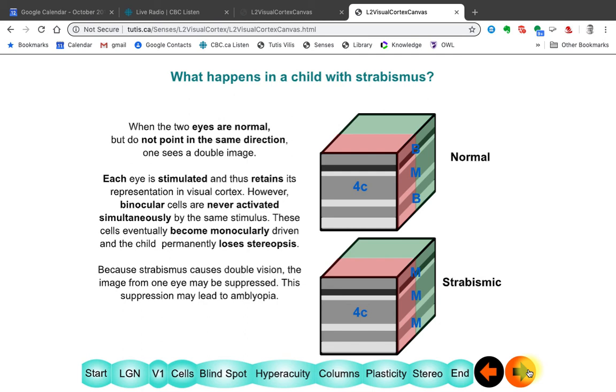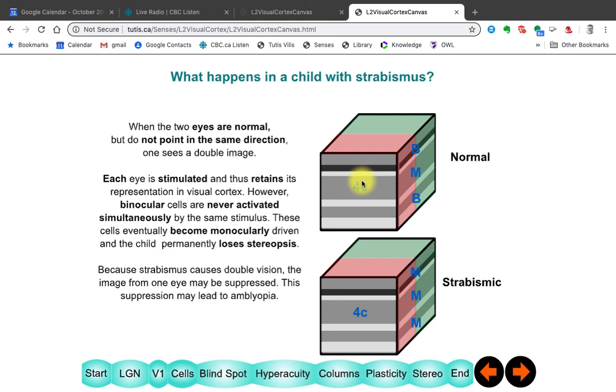So imagine that there's a cell here in this little column that's looking at a patch, and it never gets the same signal from both eyes. It's either one eye or the other eye because they're looking in different locations.